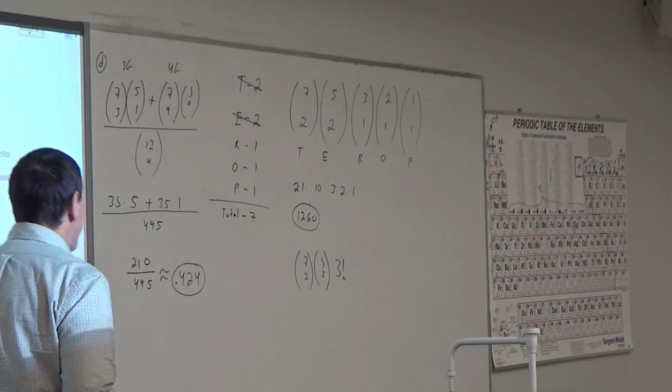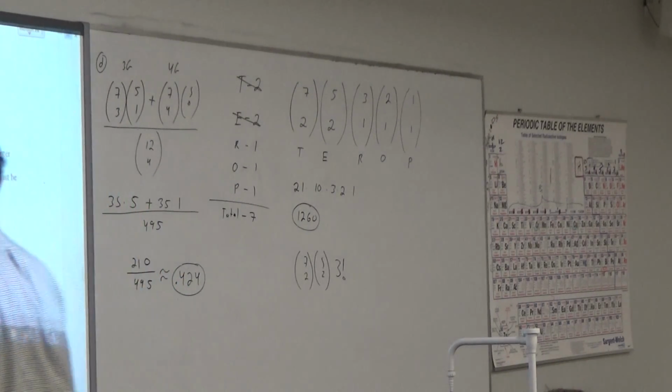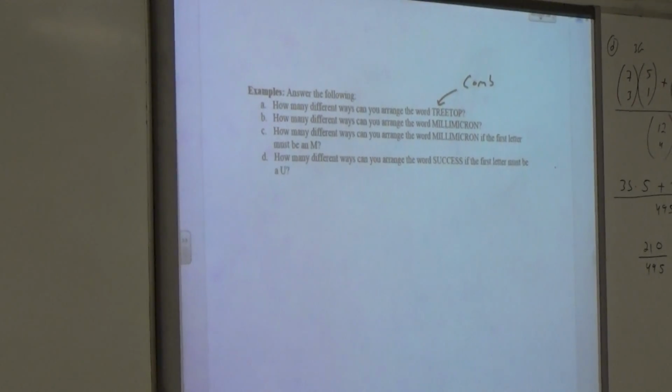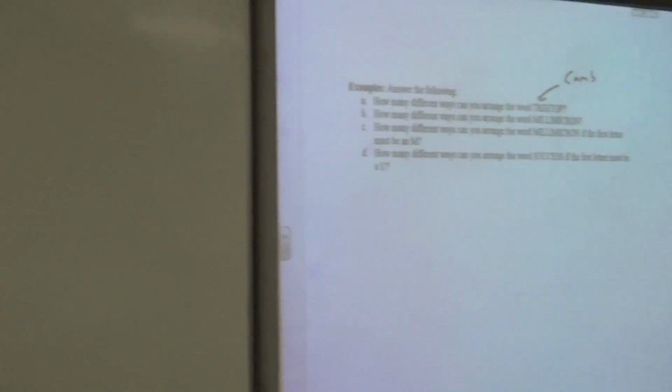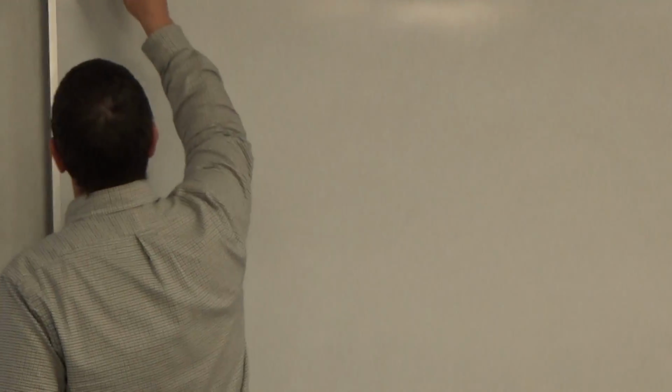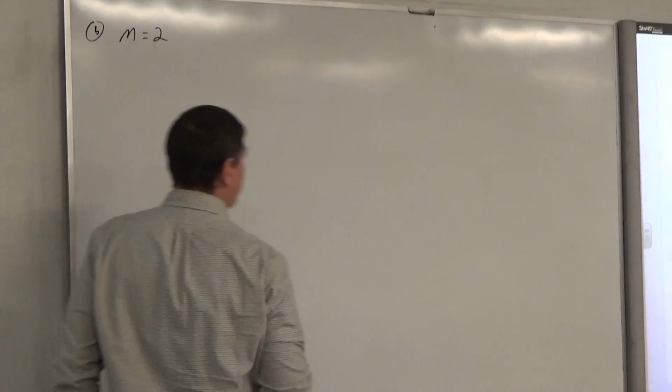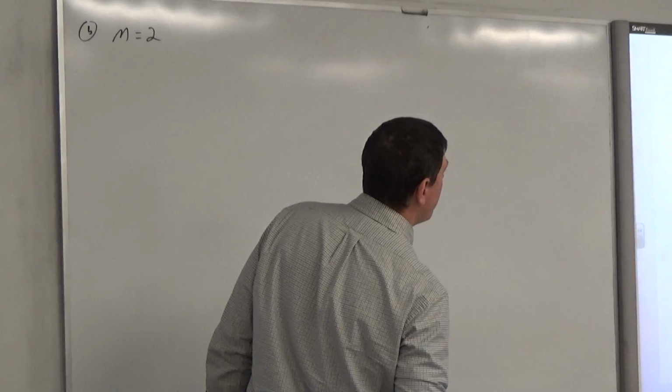Okay, let's try a few more of these. Same idea, except this time we have the word millimicron. It's going to be the same thing. We just have to pick out the number of letters of each type and then set it up using our combinations. For the M, there's 2. For I, we have 4.